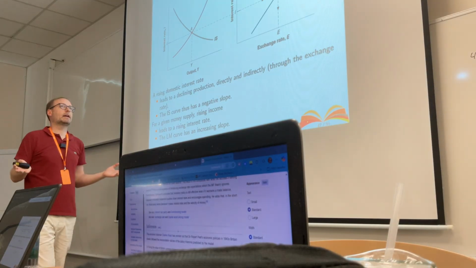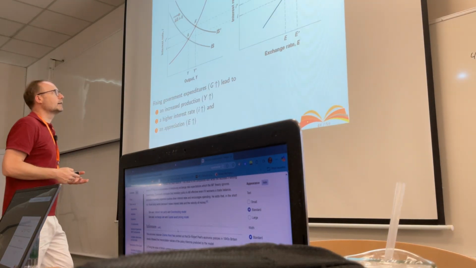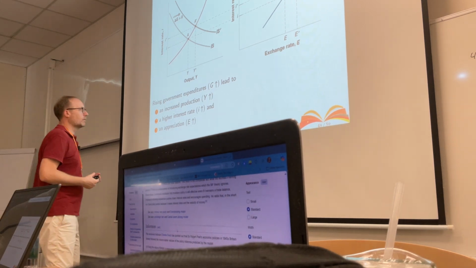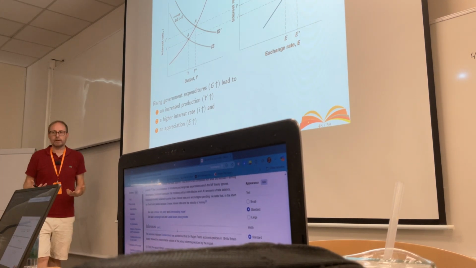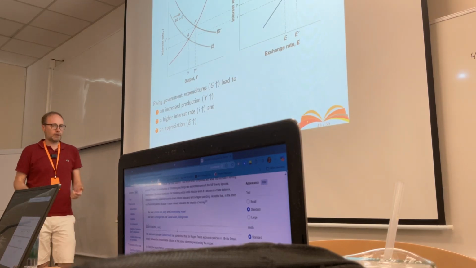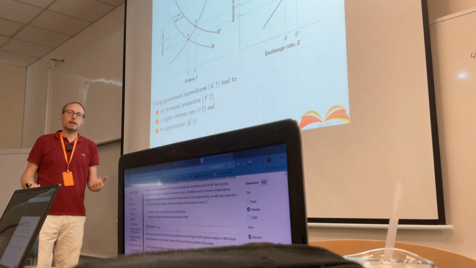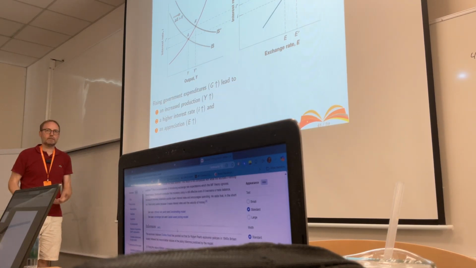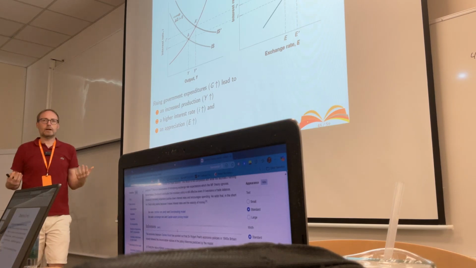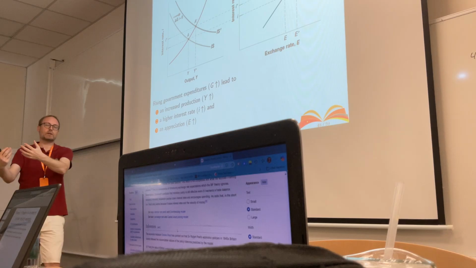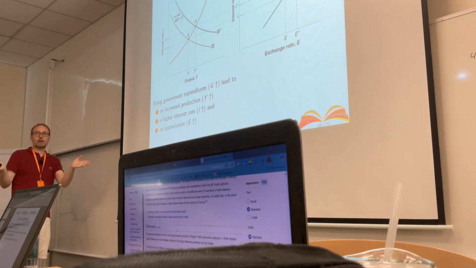So expansionary government policy is going to lead to an appreciation. Our currency is going to increase in value. What does this mean in terms of our goods market as well? This is going to decrease our net exports. Our currency is more valuable, so we're going to import more. It's more expensive, so exporters are going to have a harder time selling our goods abroad.